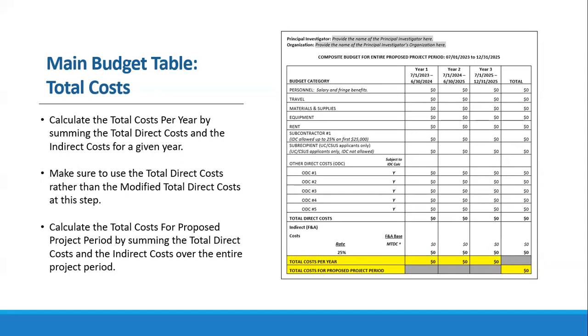Make sure to calculate the total costs by summing those total direct costs and the indirect costs over the entire project period. And this is a place where I would really encourage you to make sure that your math is accurate, both by row and by column, because sometimes we see inaccuracies there that are hard to rectify. And we need to go back to the applicant to make sure that their numbers are accurate.